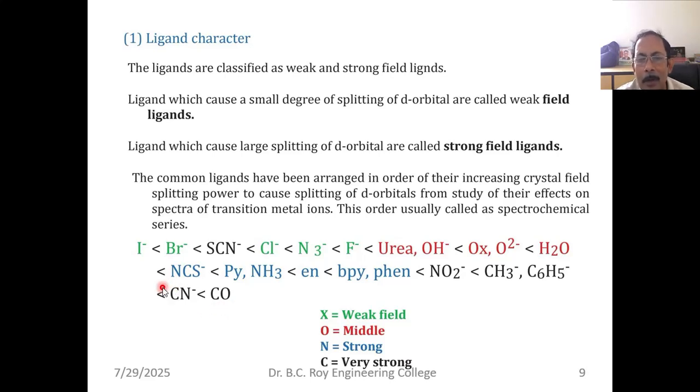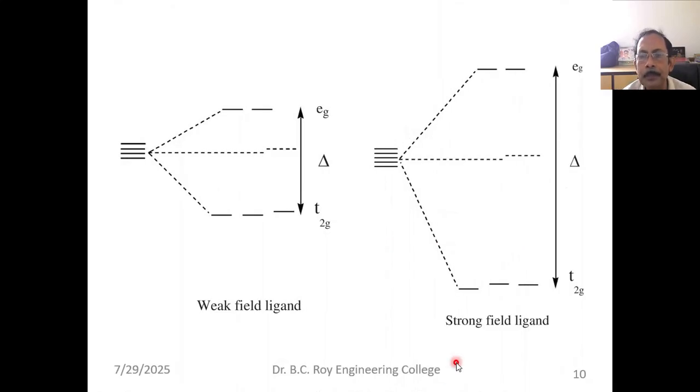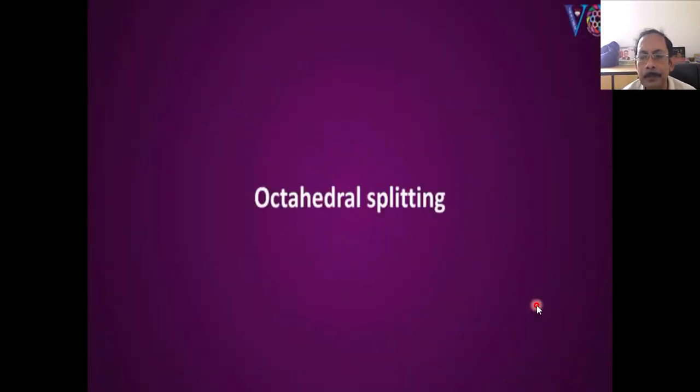The strongest field is found from these two. So a weak field ligand will give lower splitting and a strong field ligand will give higher splitting. Octahedral splitting.